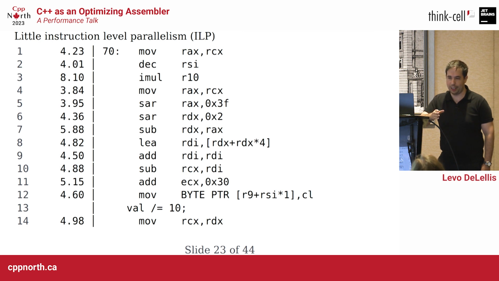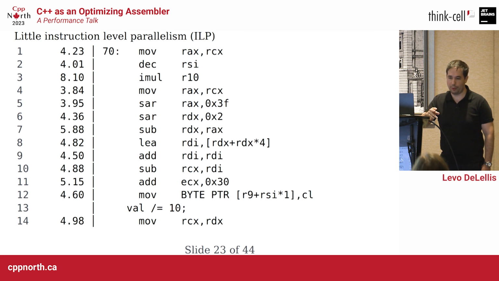This is also a sign of lack of instruction level parallelism. On a CPU, there's something called a port. Ports do different things, but since add, subtract, shift, and all that are so simple, more than one port will implement them, and some of them will overlap.